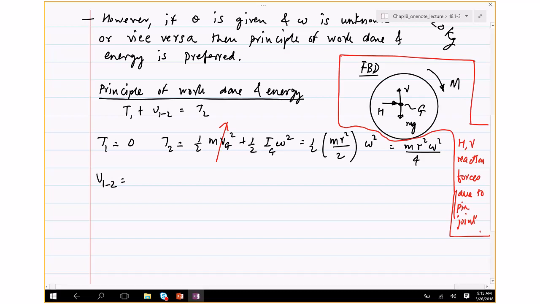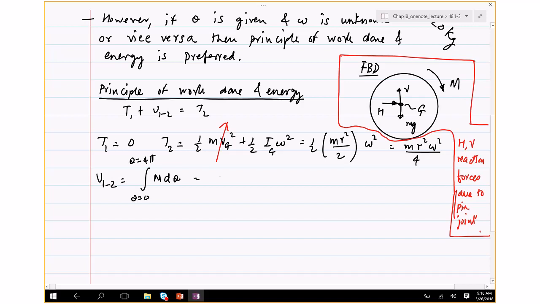H and V also act at the same point and do not lead to motion. So the work done due to all those three forces is 0. The only force which leads to work done is M. So the only thing left is the integral of M d theta, where theta goes from 0 to 4 pi.